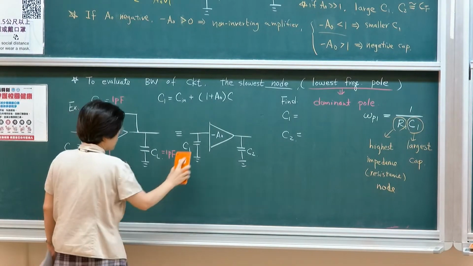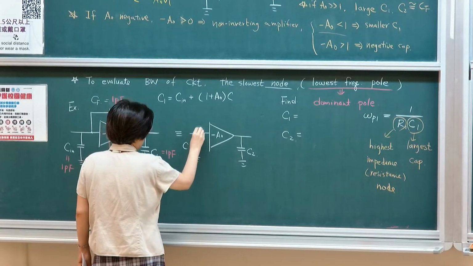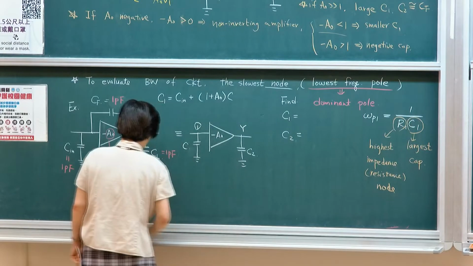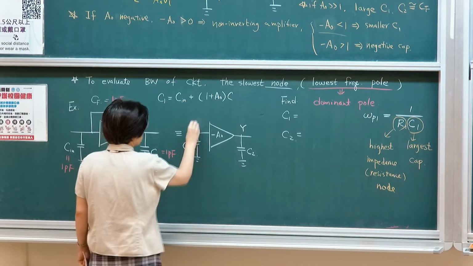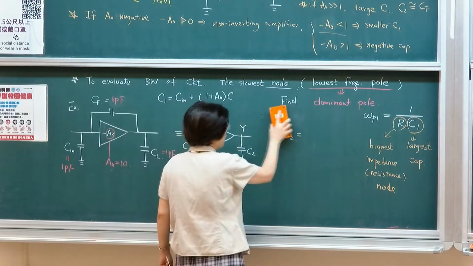Let me use another label, say node X and node Y, so that C1 and C2 will not be confused.